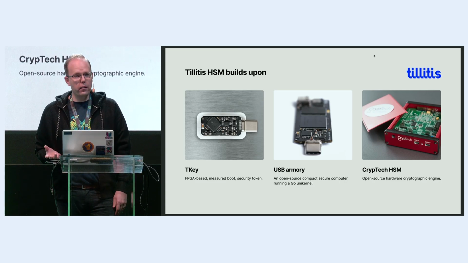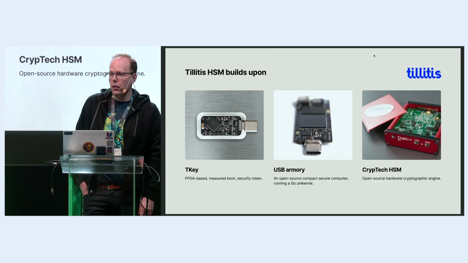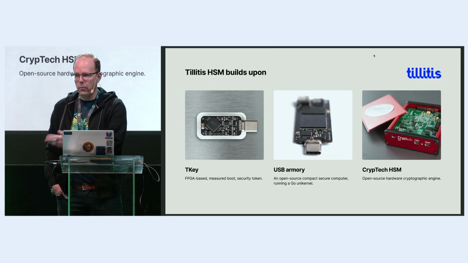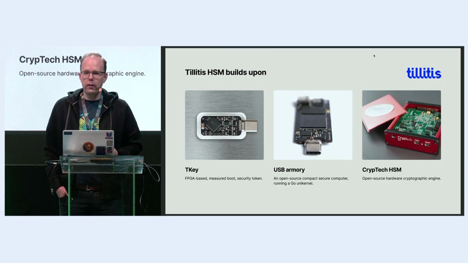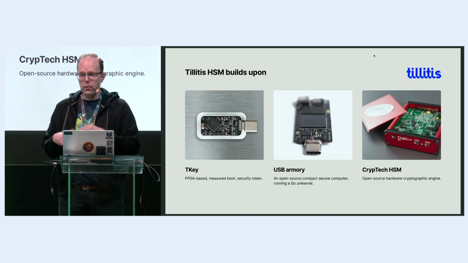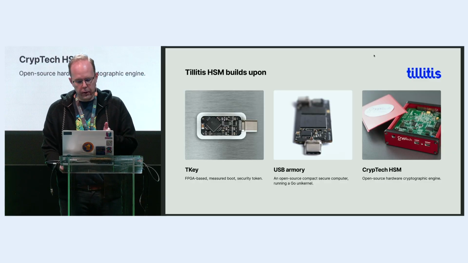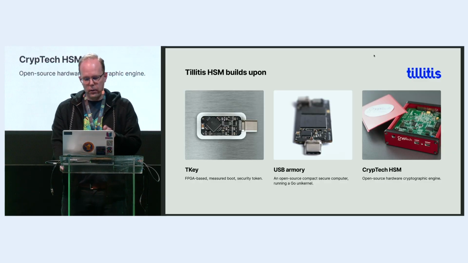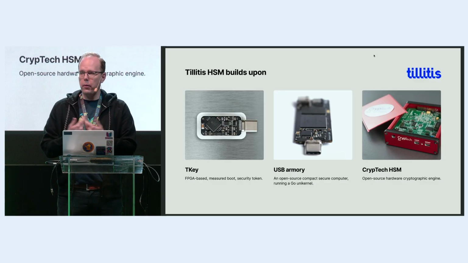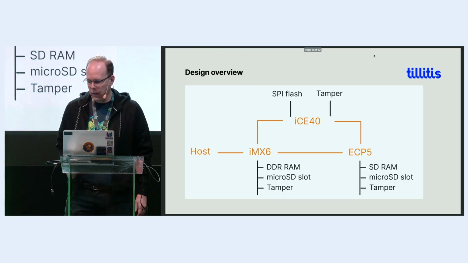I believe OpenTitan uses some of Cryptic's cores. We certainly depend on a lot of their work, and they also have designs related to how you build a good TRNG and things like that. So we tried to take the best ideas from these three projects and bunch them together in something new.